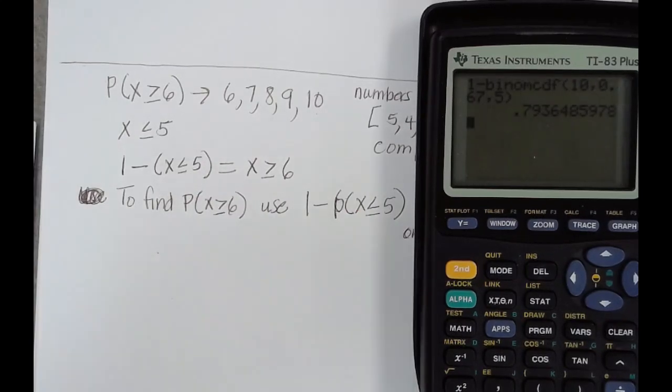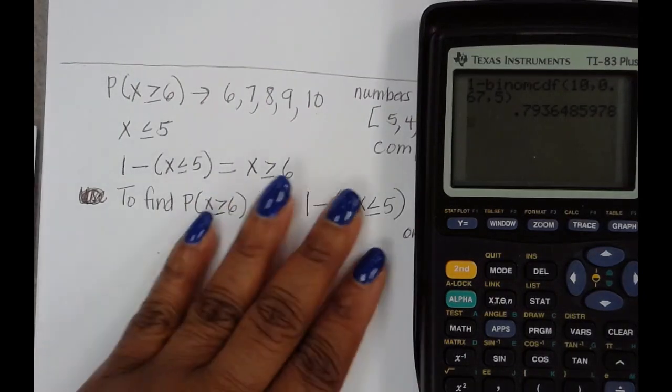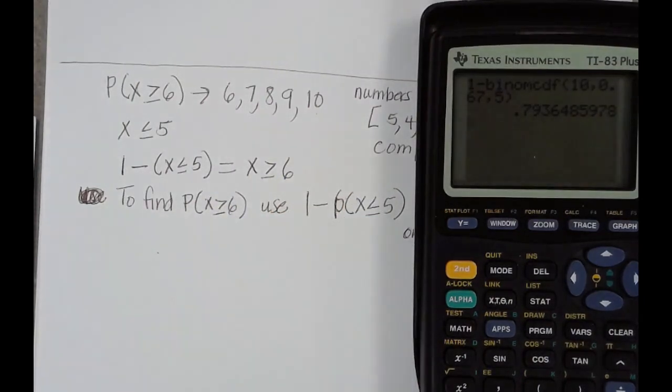Now look at this number. So we have found, using the complement, the probability of at least 6 people having very little confidence in the newspaper.